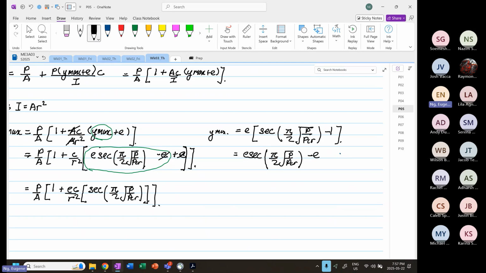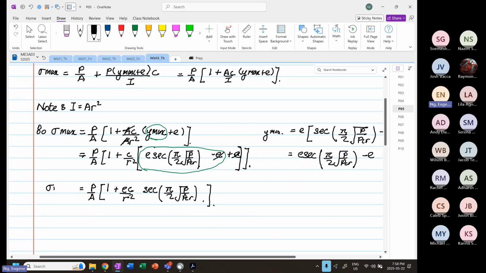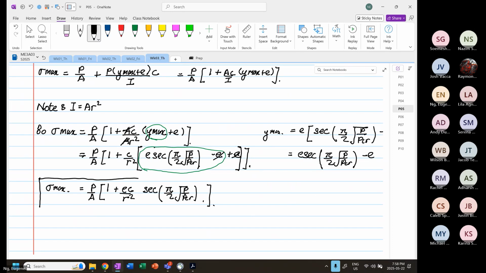Okay. In fact, why am I wasting time with that bracket over there? It's understood. Okay. So again, I want you all to use this formula to calculate your stress max. It will save you a lot of time and effort. Okay.